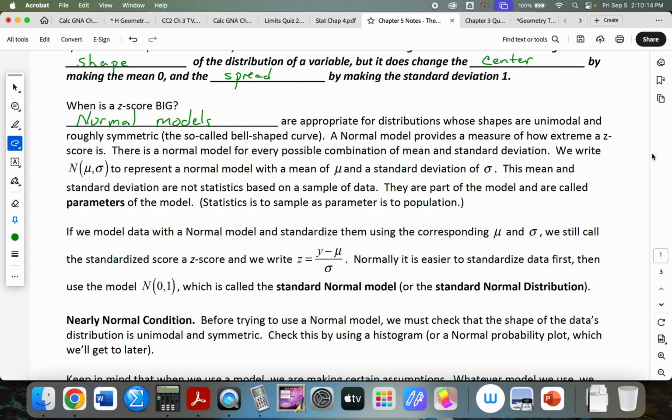We'll write that as capital N, and this is the mean, and this is the standard deviation. So this mean and standard deviation are part of the model.